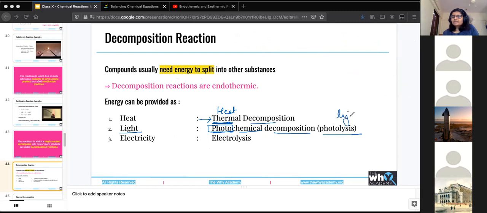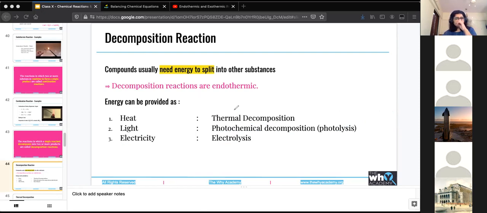The word lysis also means breaking down. So when you're breaking things down with electricity, it's called electrolysis. Electro, from electricity, and lysis, breaking it down. Okay. So electrolysis is decomposition with electricity.